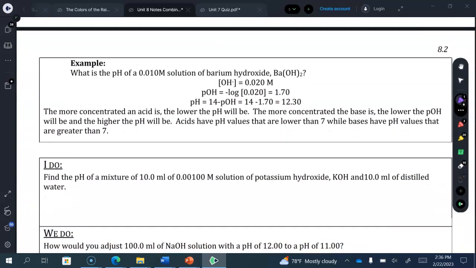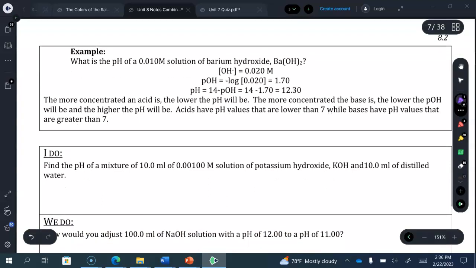In this example, we see how we can use that equation to figure out the pH given the hydroxide ion concentration. The more concentrated an acid is, the lower the pH will be. Oops, my apologies. The more concentrated the base is, the higher the pH will be.